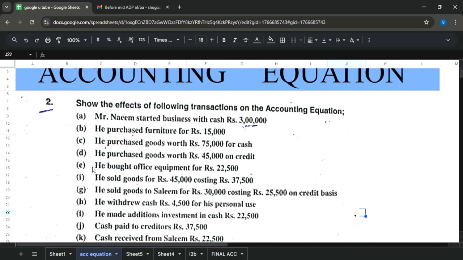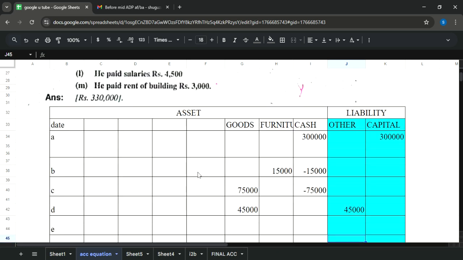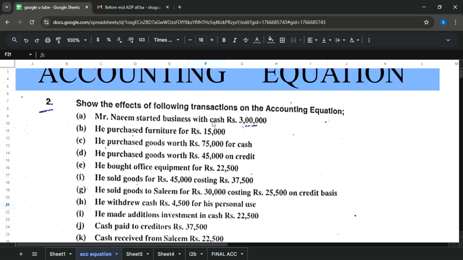Now E entry, he bought office equipment. Office equipment, again it's your asset. You will introduce a new column, office equipment. Since we don't have sufficient space, I am writing an abbreviation. At E entry, you have bought office equipment of 22,500.